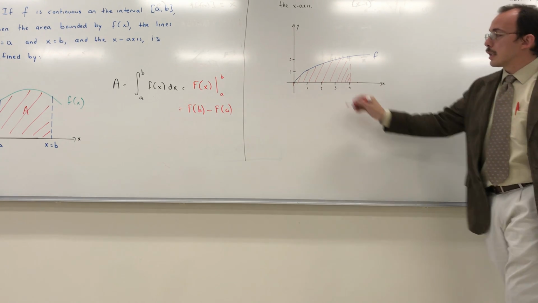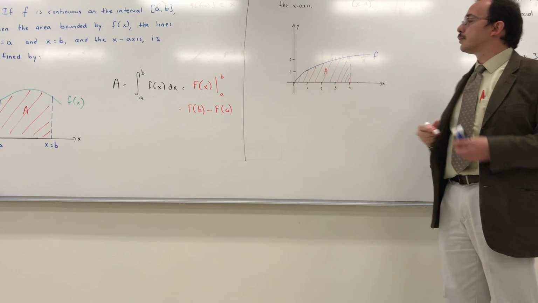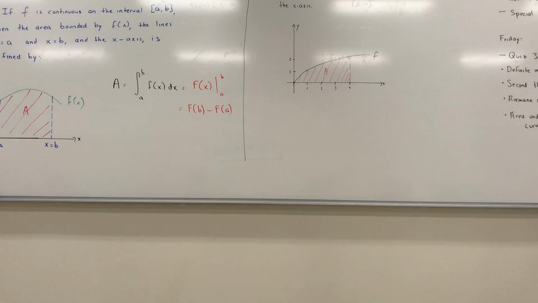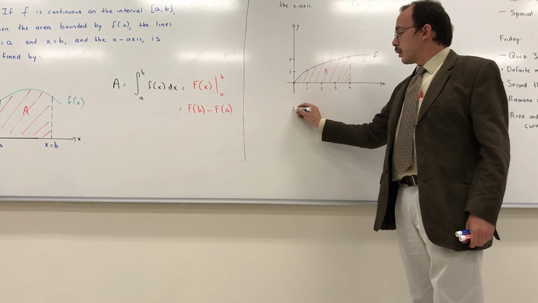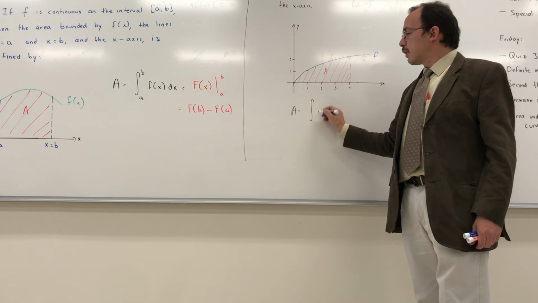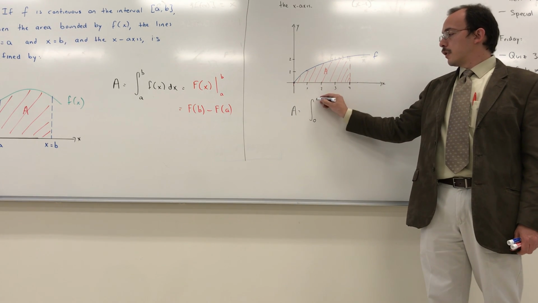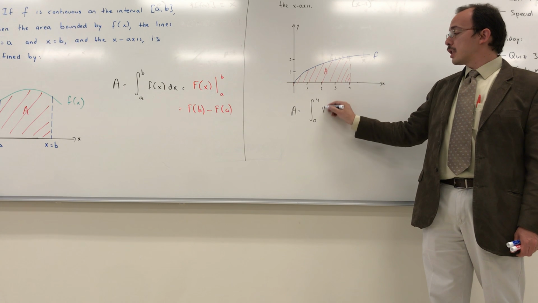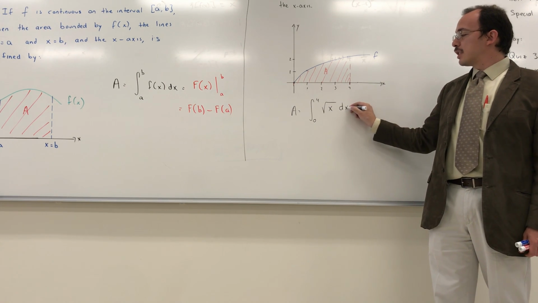That's the area. Now, the question is, how do I represent the integral for this? Simple. Area equal to the integral from where to where? 0 to 4, yeah, of the function which is square root of x times dx.